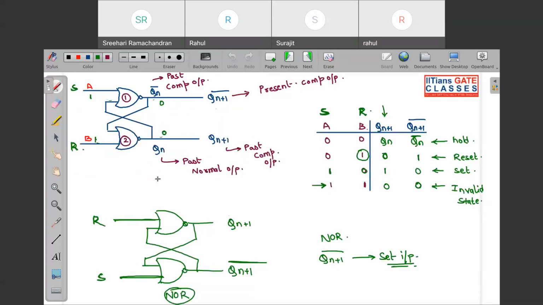Previously when we studied NOR, I told you that in a NOR gate, whenever an input is 1, it doesn't matter what the other input is, the output will be 0. So NOR has more affinity towards 1, because if an input is 1, your output can directly be 0. So in a NOR gate, more priority is given to 1.